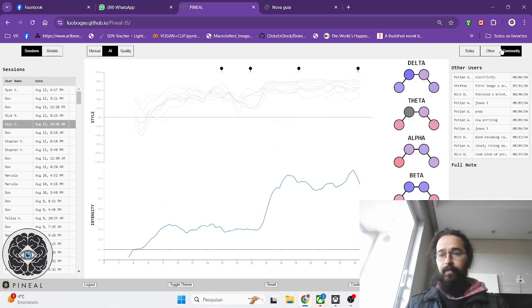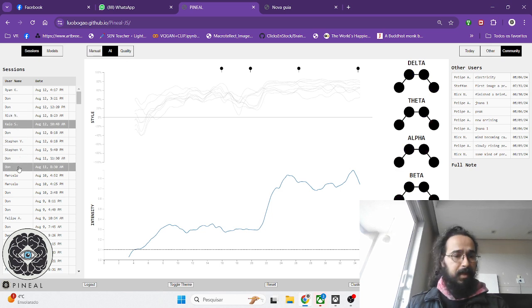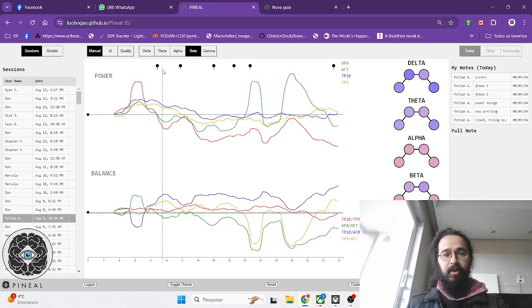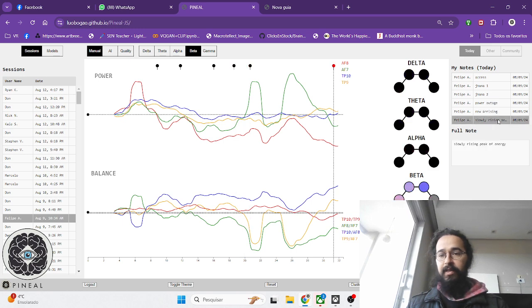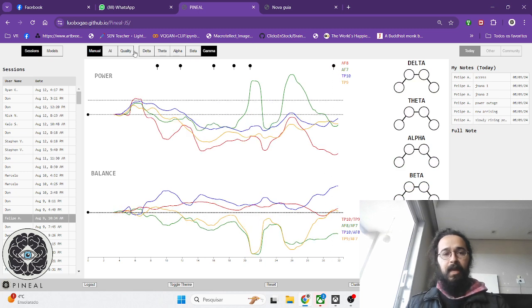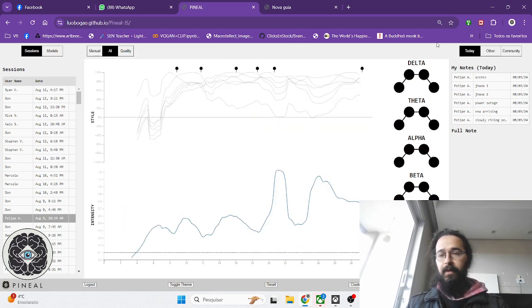So yeah, let me take one last example of AI. I will take Felipe. So this is the session of Felipe. He brings his notes, jhana 1, jhana 2, power, new arising, slowly rising peak of energy. So he pinpoints his phenomenological stuff. I can go to AI.